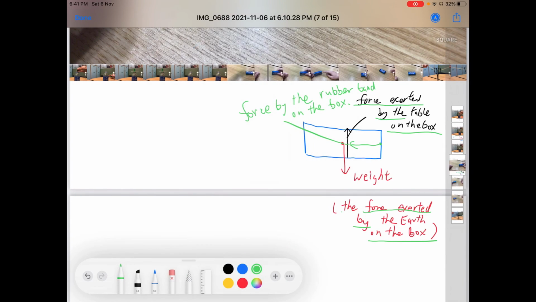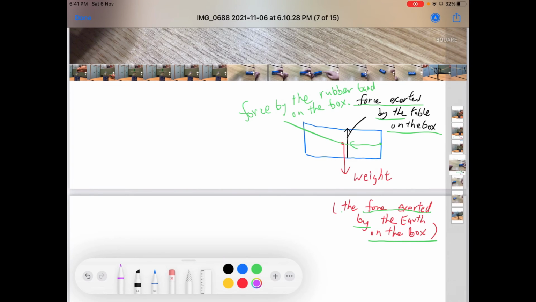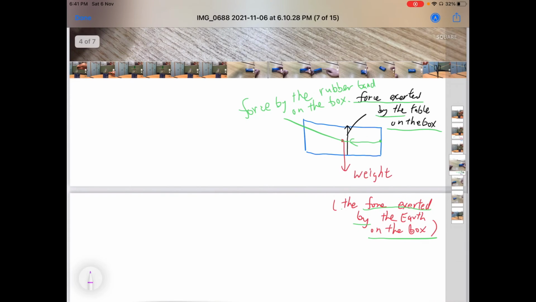It should point to the right-hand side, and the force should be added here. In the diagram, it should start from the position of the purple dot, and this force is pointing to the right.